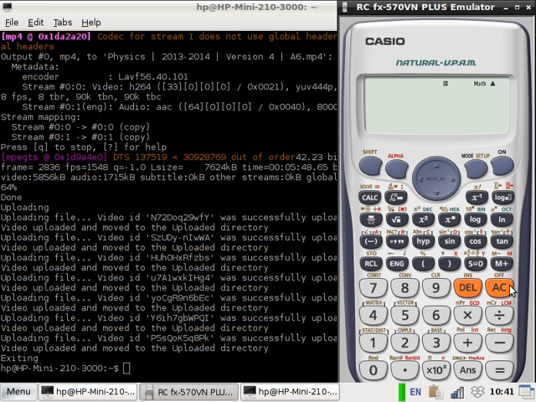So the first one's air to water, and the next one is water to glass, and the last one is glass to air. No, there's nothing special there. That has to happen.